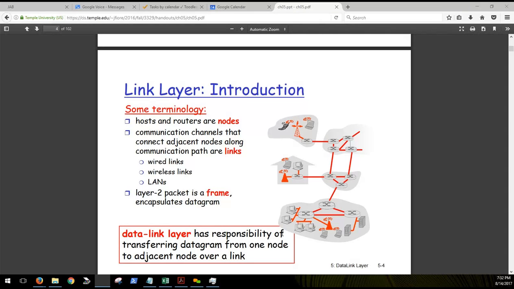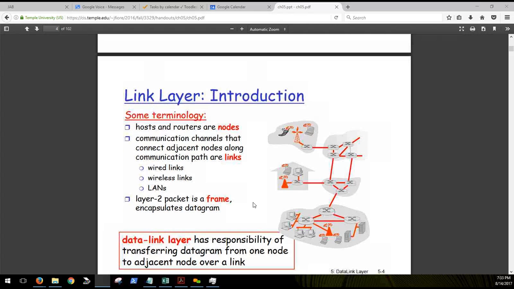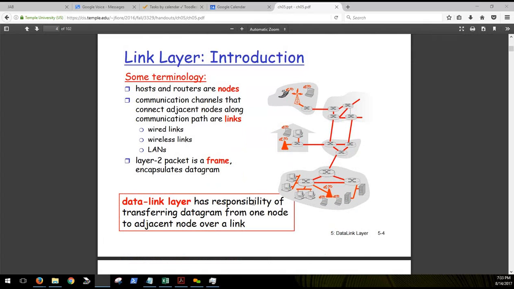The data link layer has the responsibility of transferring data from one node to an adjacent node over a link.